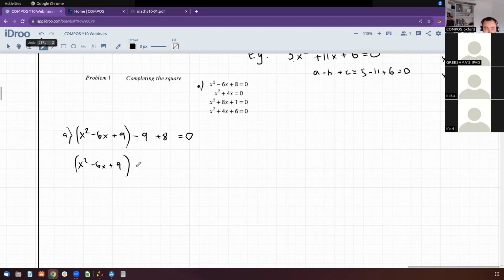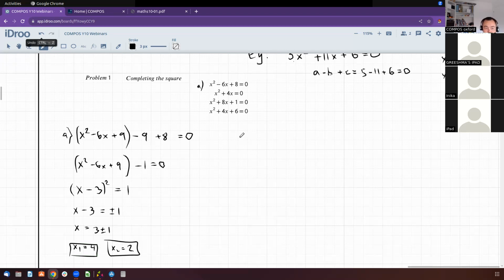And then minus 9 plus 8 is minus 1 equals 0. So this is x minus 3 squared equals 1. And that means x minus 3 is equal to plus or minus 1. x is equal to 3 plus or minus 1. The first, x1, is 4. x2 is 2. There are 2 solutions, x1 and x2.